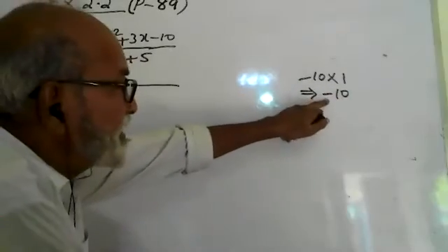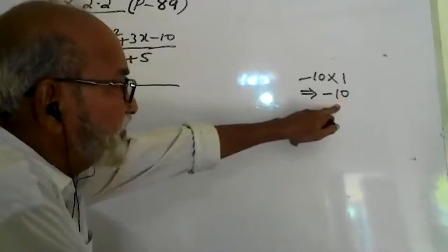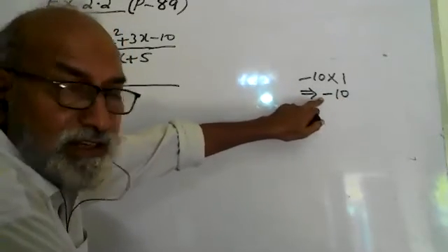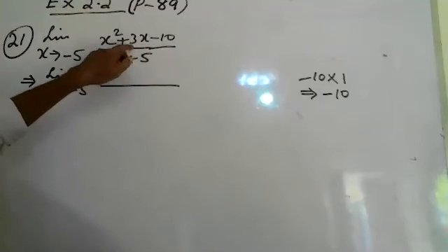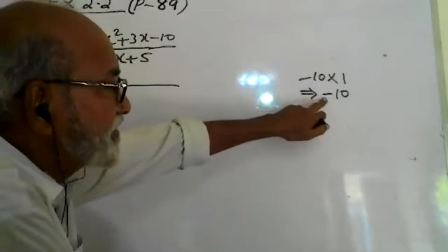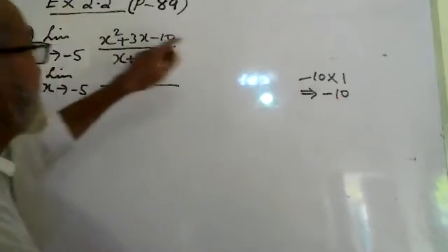The negative sign is showing. We will make two factors of 10 so that their difference is the middle term. If there is a plus sign, then their sum should be the middle term.